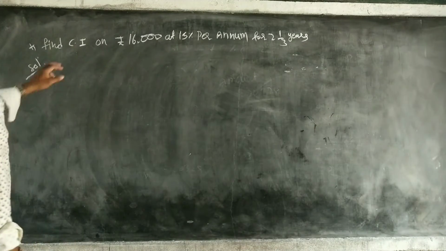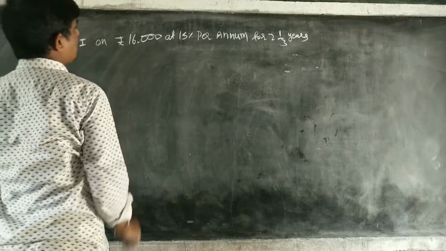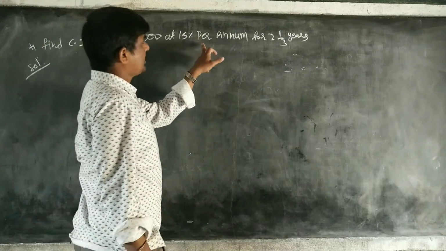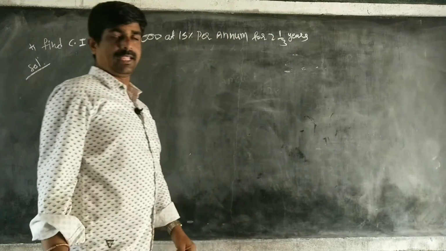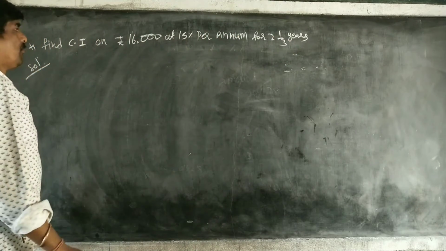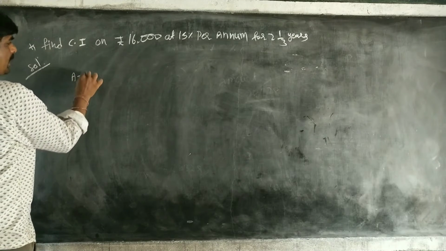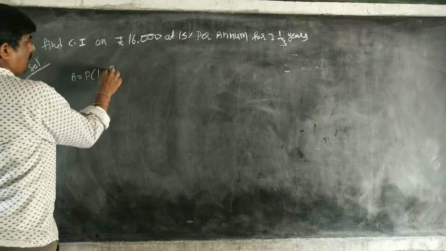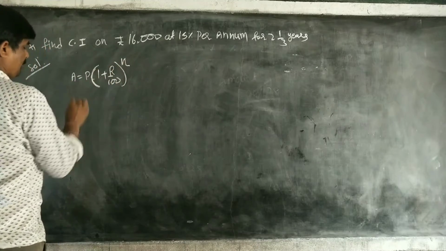Next, again one. Find the compound interest on rupees 16,000 at 15% per annum for 2 and 1/3 years. How do we find it? Simple. What is the formula? A is equal to P into 1 plus R by 100 whole power n. N means number of times.